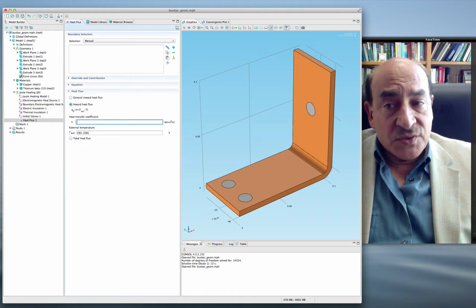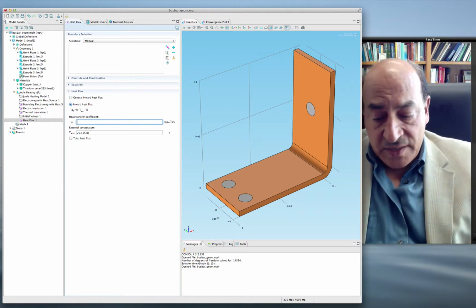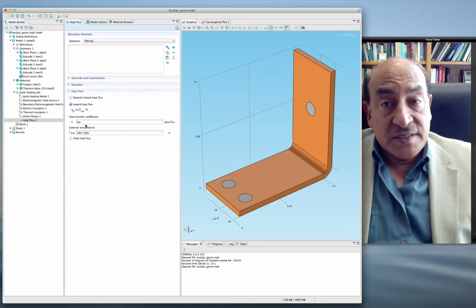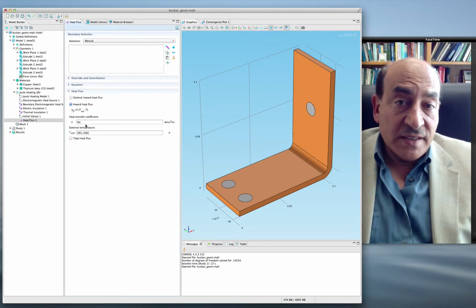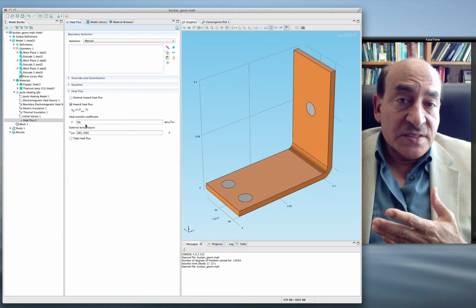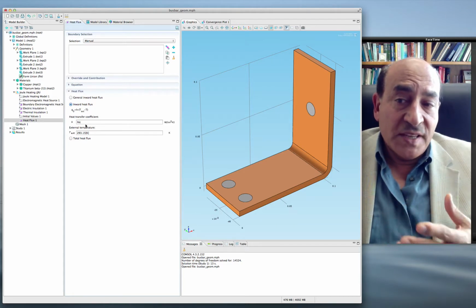That number is already in the table, so I'm going to write HTC. That's the name of the parameter that I have. And therefore, if it exists, then COMSOL is going to take that number and use it.